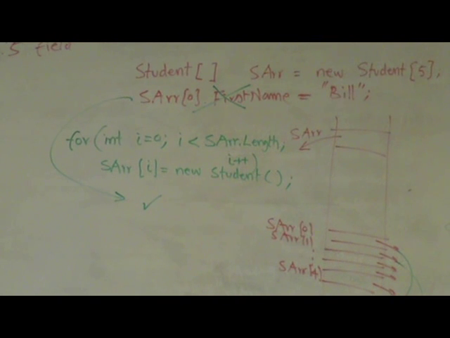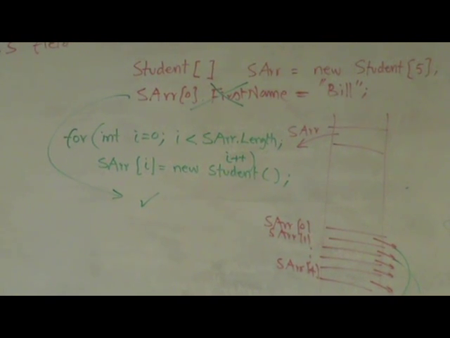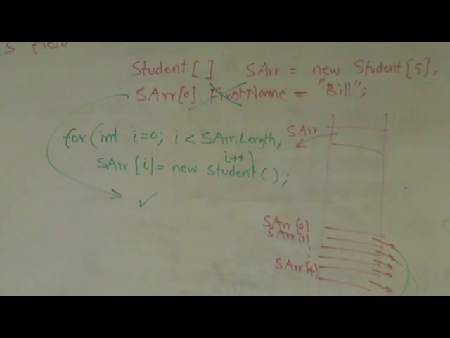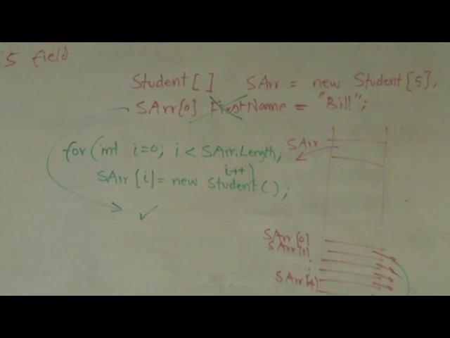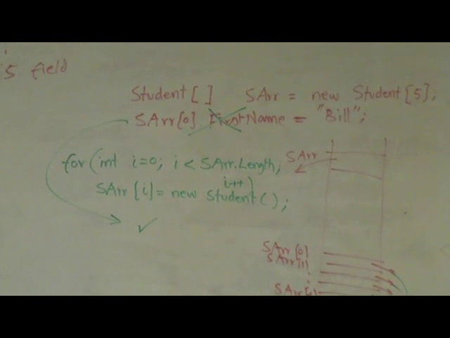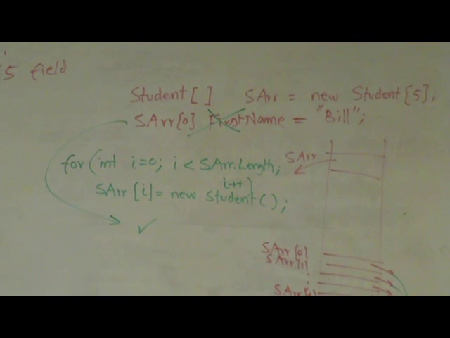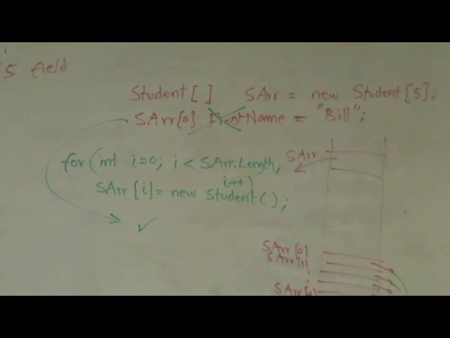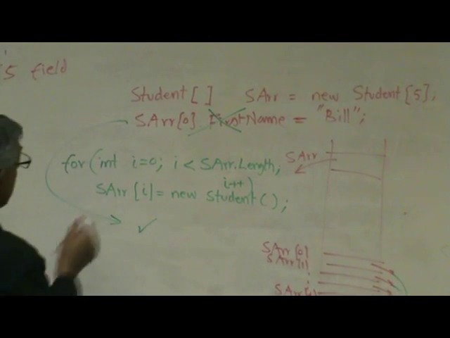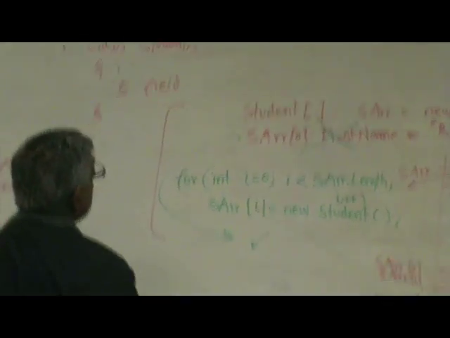Okay, so now what if we wanted to write a generic method so that it can create an array of any reference type? Okay, so let's take a look over here.